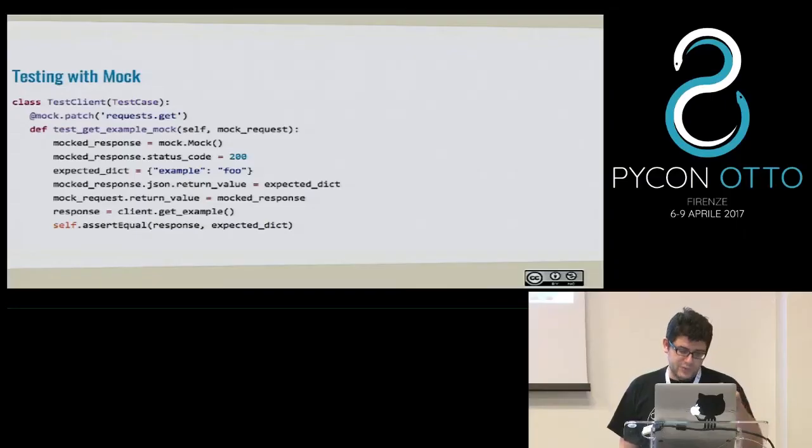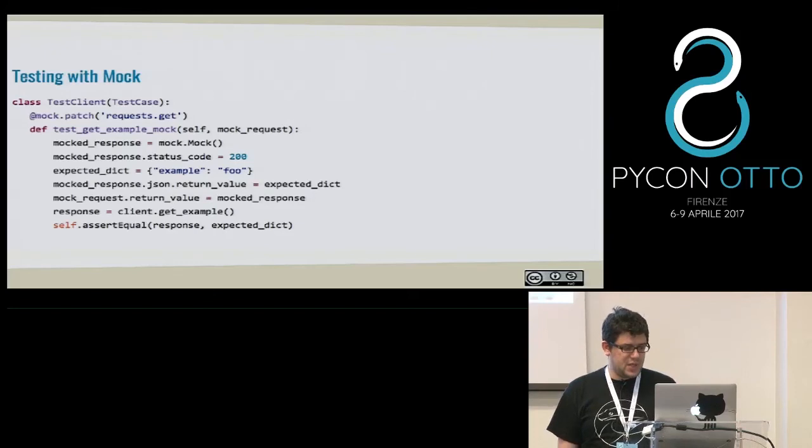So we create a mock object, we set the status code we want, we set an expected dictionary that is the return value of the JSON method. It works. I've used it plenty of times. It's just a little bit too complicated for this specific library.